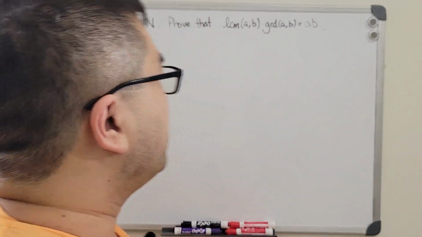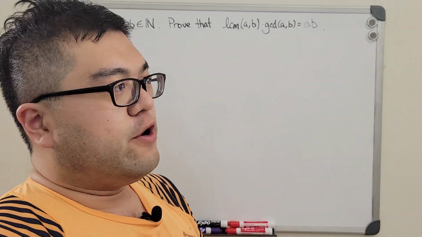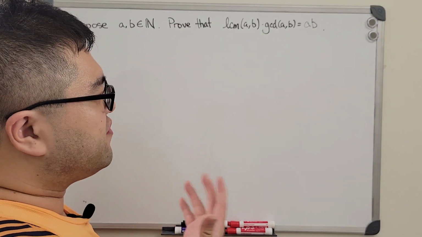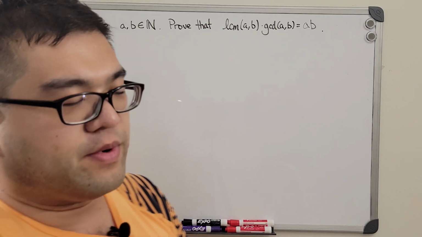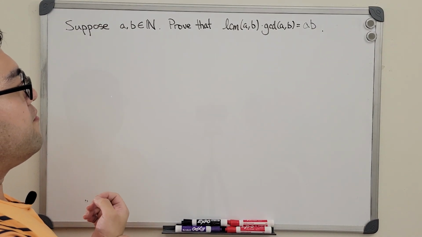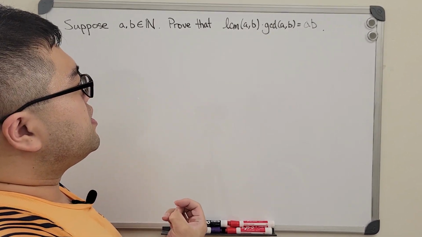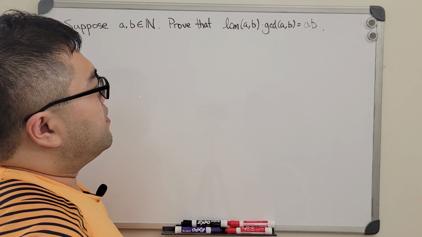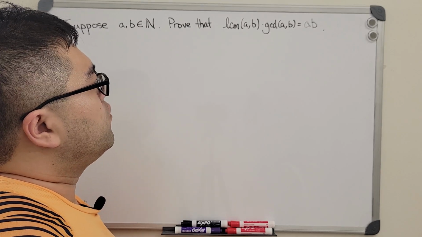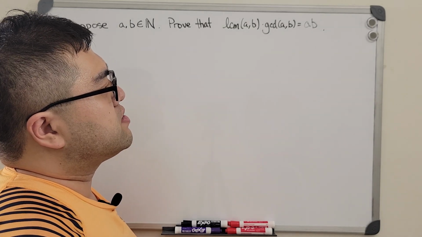So today we're going to work on what I personally would say is a very fundamental number theory problem that even elementary school kids should be able to understand, which is related to the very first thing that you probably have learned in number theory, known as the LCM and the GCD, or some people will call it HCF, known as the least common multiple and the greatest common divisor.